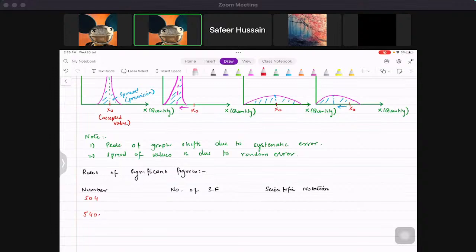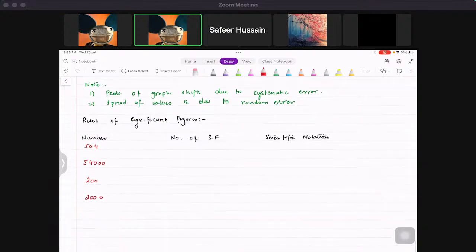Let's write a couple of these just to give you an idea. Then there's the number 200, there is a number 200.0, then 0.000305 and 0.005900. So these are the numbers given. Okay.